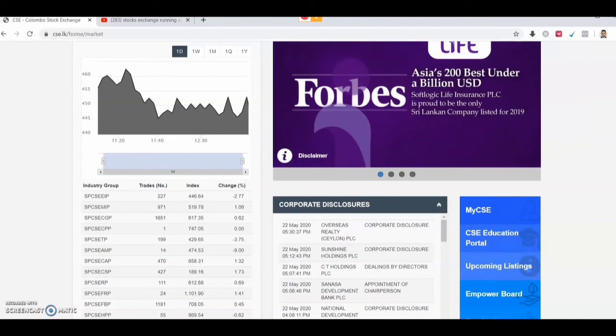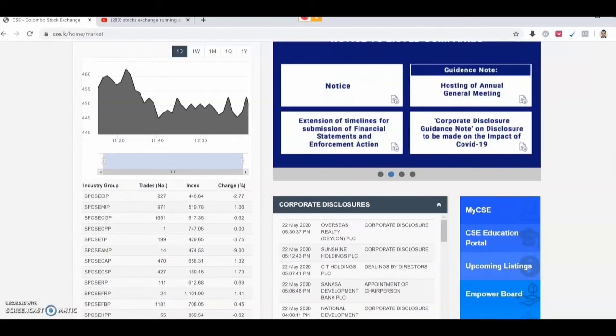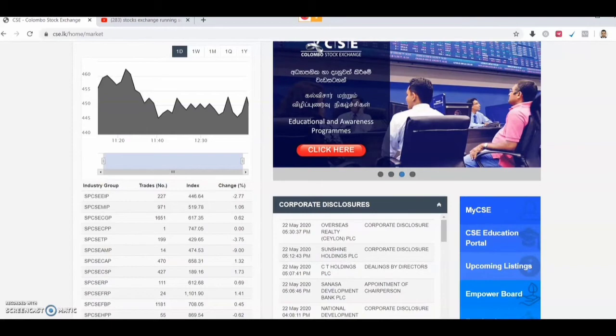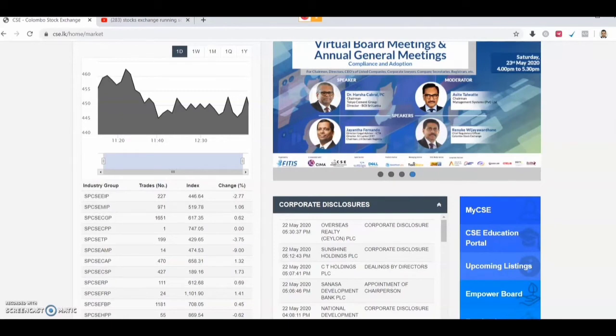Based on the nature of business, the companies are categorized under GICS. If I go sector wise: plantation sector, transportation, services, banking and finance, insurance. Likewise, there are several sectors, and under the sectors the companies are listed.